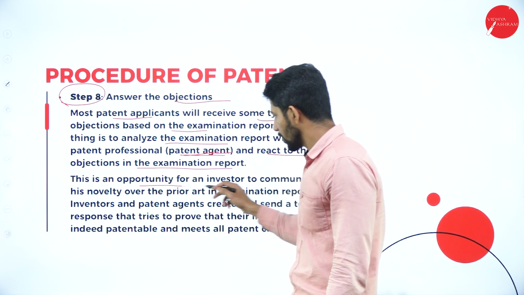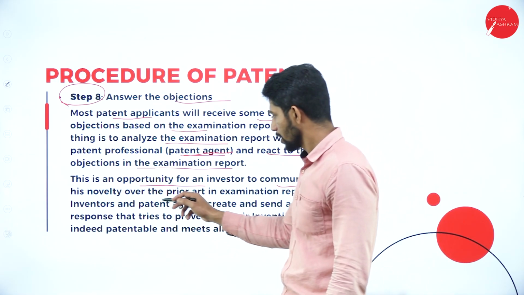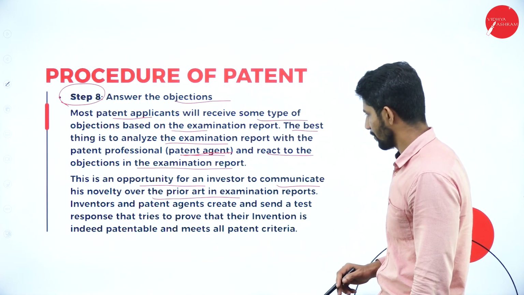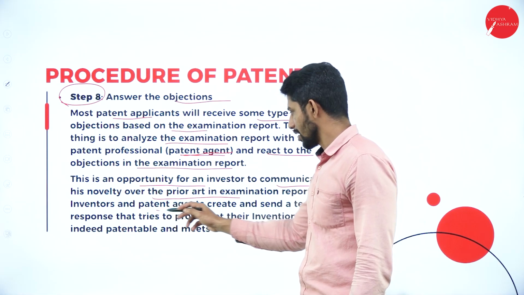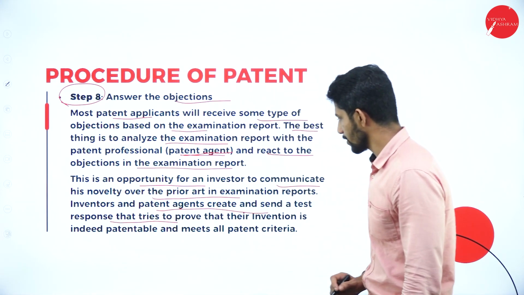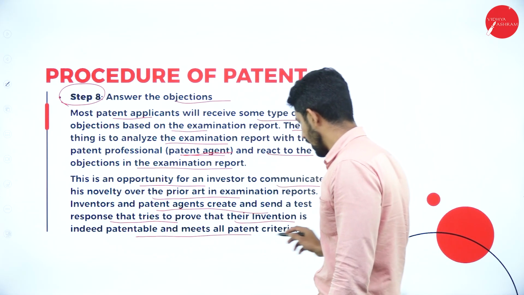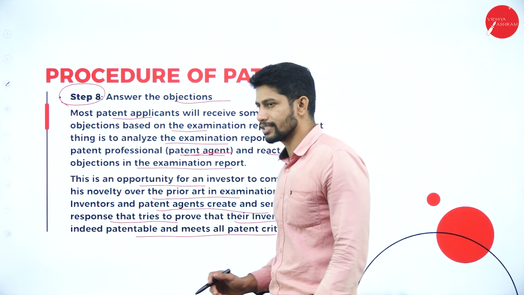This is an opportunity for an inventor to communicate his novelty over the prior art in the examination reports. Inventors and patent agents create and send a response that tries to prove that their invention is indeed patentable and meets all patent criteria.